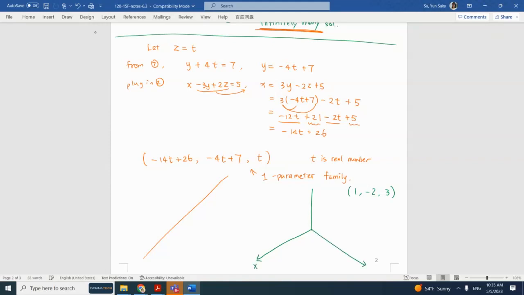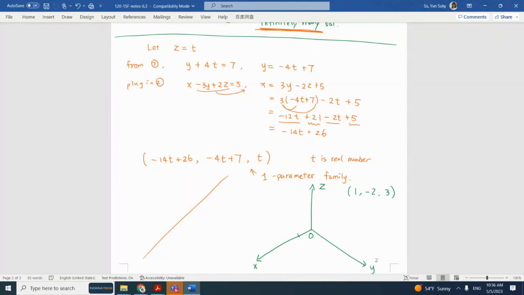You have the x-axis, y-axis, and z-axis, and then the origin is in the middle. Is that okay, everybody? Your x is 1. So start at the origin, go in the x-axis direction 1 unit. Okay, everybody? 1 unit is here.